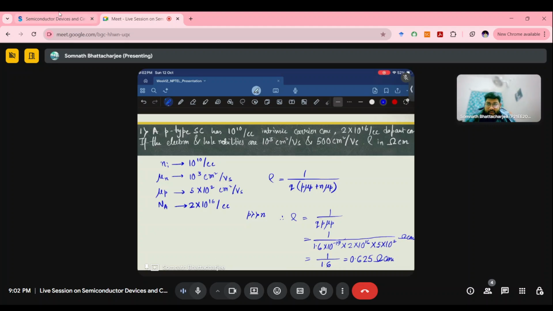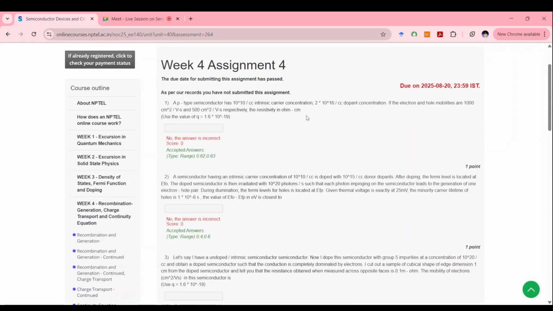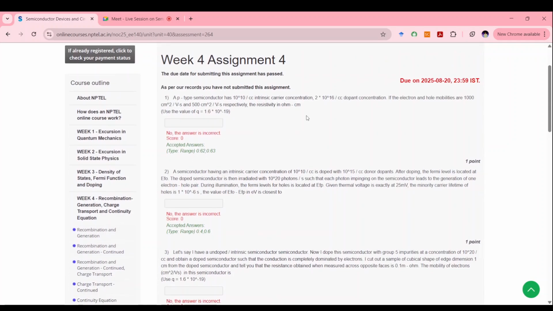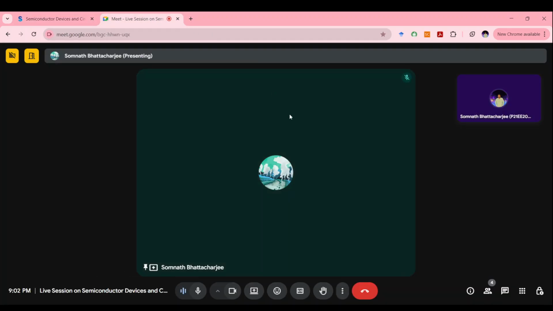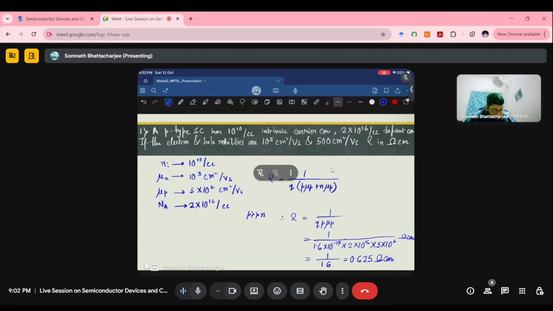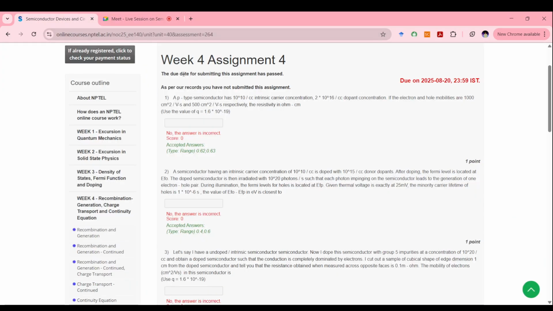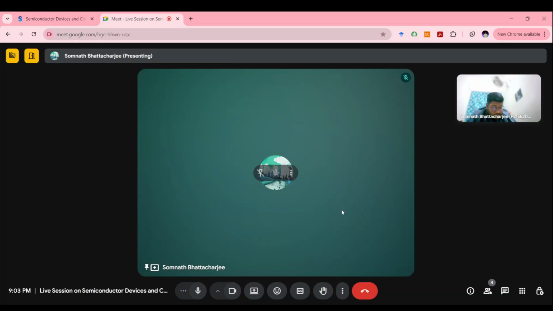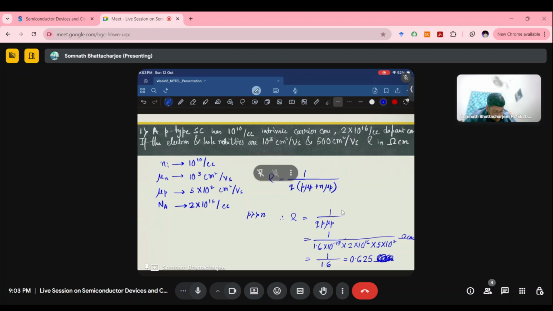Let's check the answers. The answer was 0.62 to 0.63, so we have got the answer itself. This is 0.625 ohm centimeter. I guess this is it. Let me write it down.